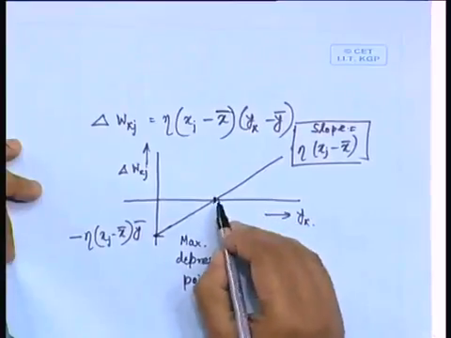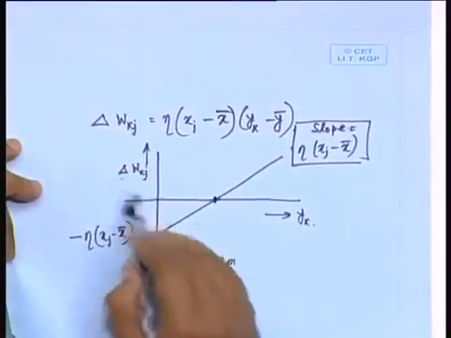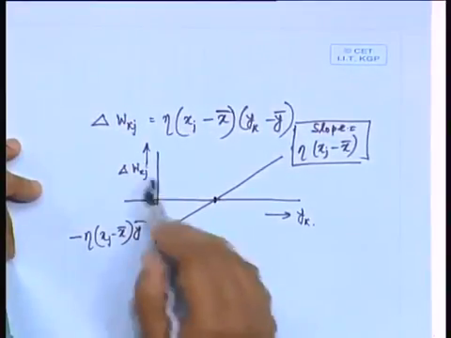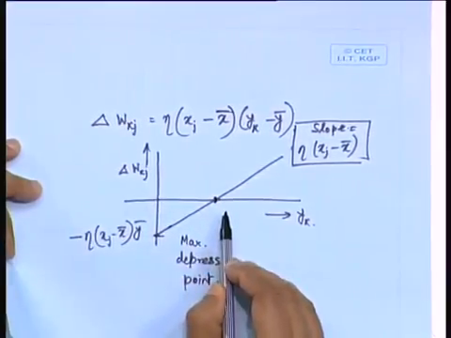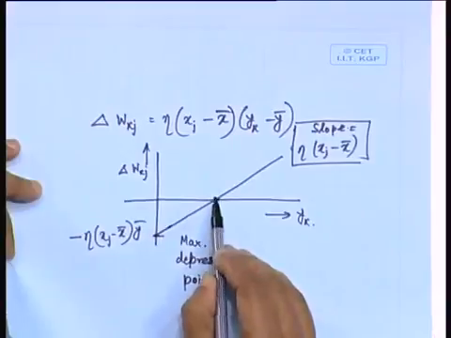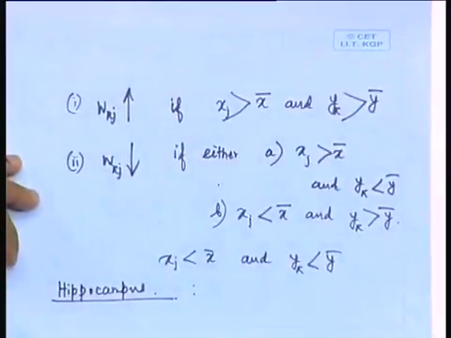So, it is there that it is going to stabilize. You see that when is it stabilized, that means to say the point where there is no further delta w_kj taking place, that is at its average value, that is the point where it is going to be stabilized.